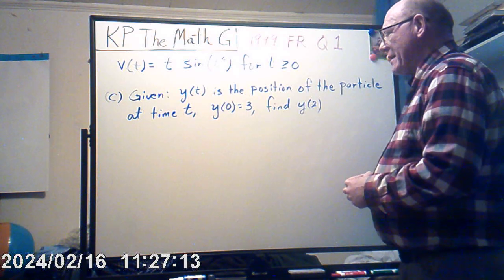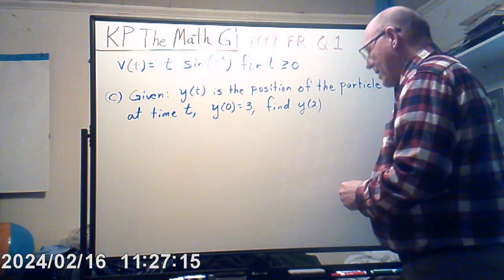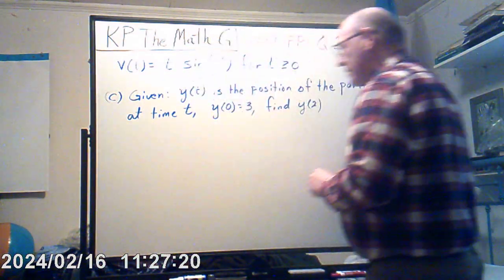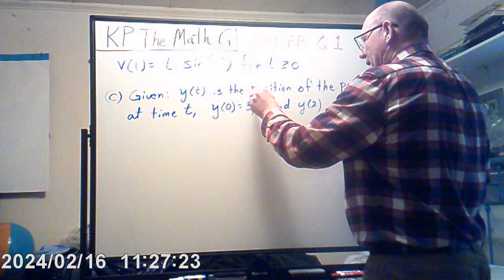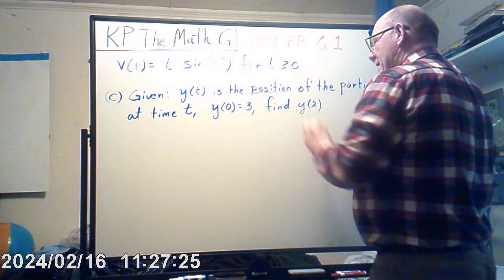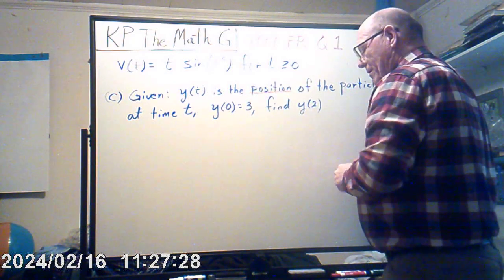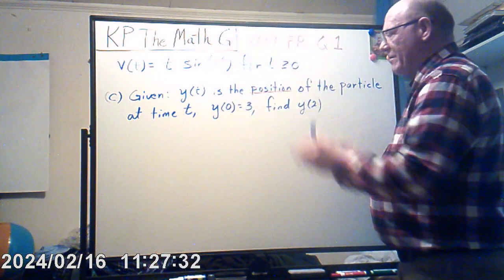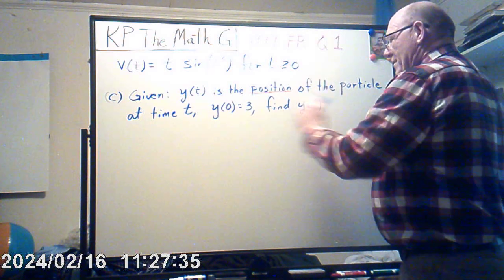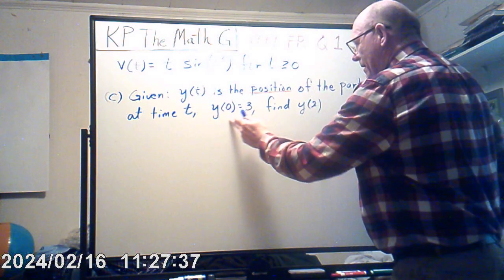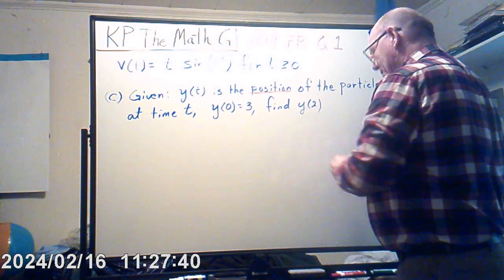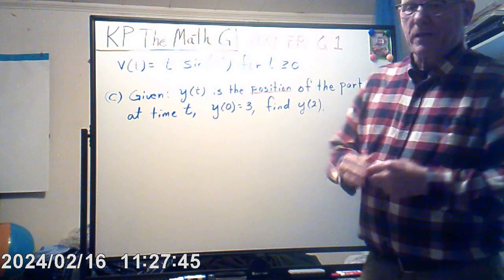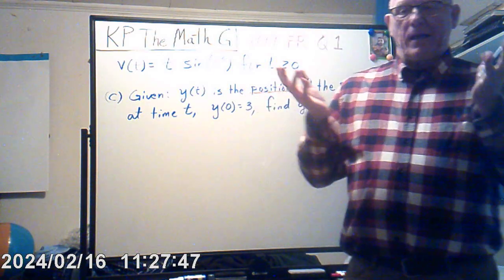Given that y at t is the position of the particle, now we're talking about position. Let's read the rest of it. The position of the particle at time t, y at 0 equals 3, find y at 2. Position means, do we take the derivative or the antiderivative?